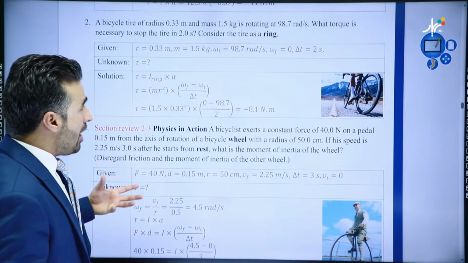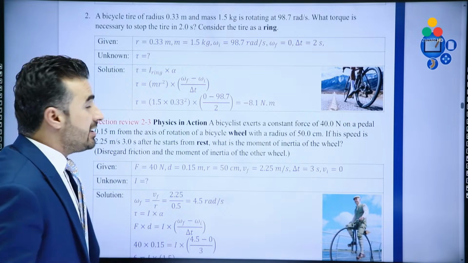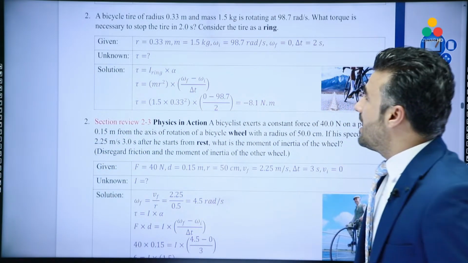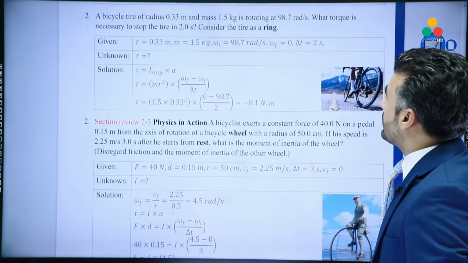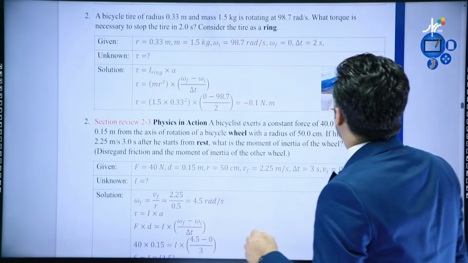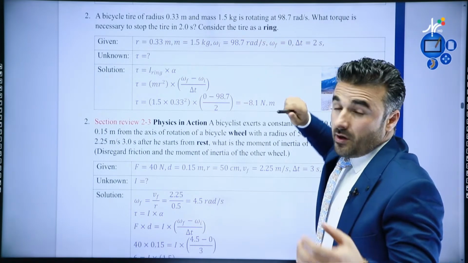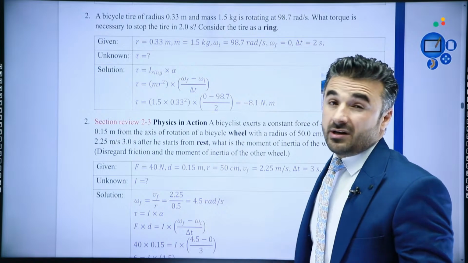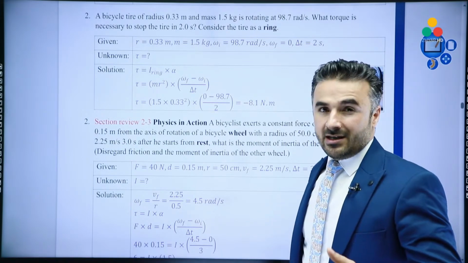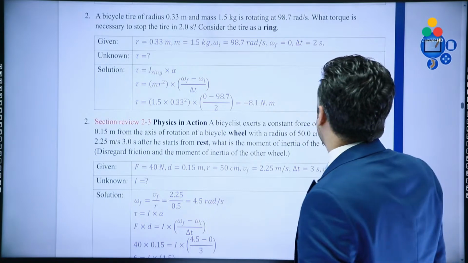In this question, it says a bicycle tire of radius 0.33 meter, with a mass of 1.5 kilogram, is rotating at 98.7 radian per second. That is the angular speed, but whether it is initial or final, you need to read the entire question to know.